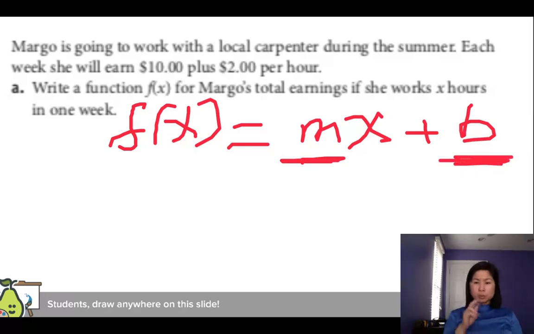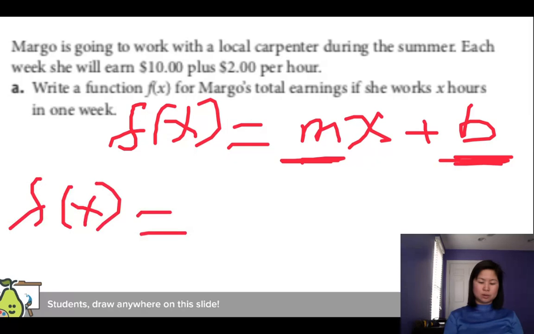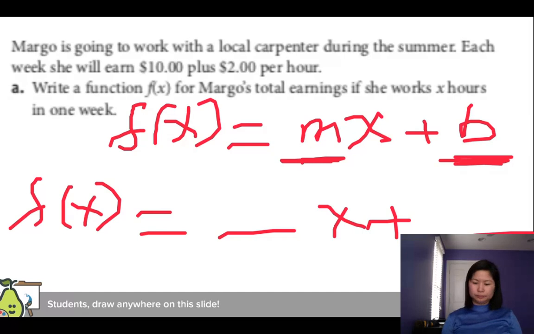So go back to your work, go back to the statement, think about what is your slope and what is your y-intercept. Plug it in, okay? So think about the slope: M is the one with per day, per something, additional of something. The B is the one that you start with and it's not going to change.